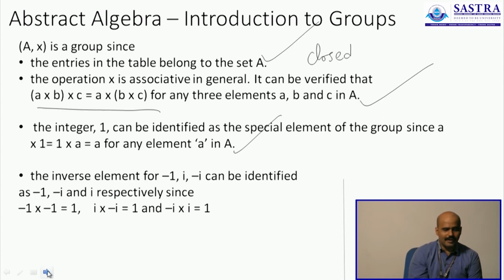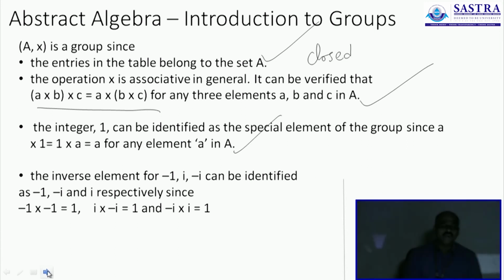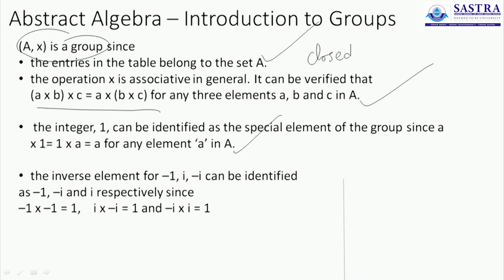So the inverses of the elements minus 1, plus i and minus i are minus 1, minus i and plus i respectively. Therefore every element of the group has its own inverse. We see that the set along with the operation meets all 4 conditions required for a group, and therefore we have a proper finite group with us.